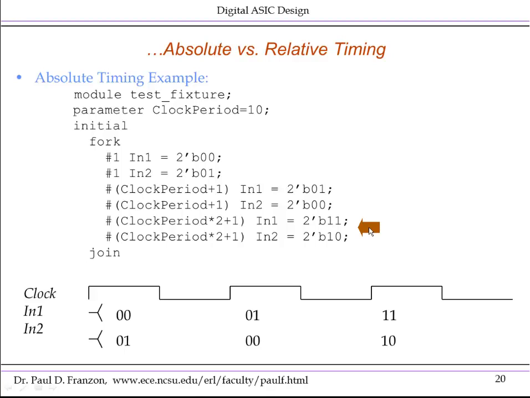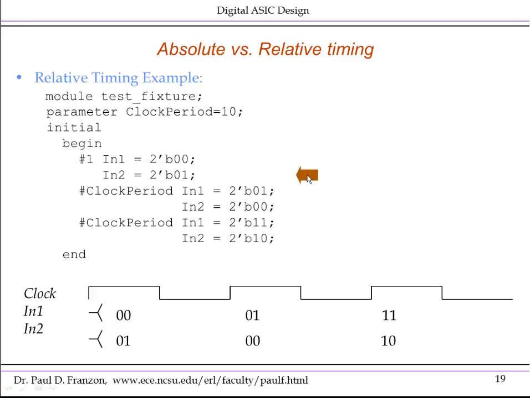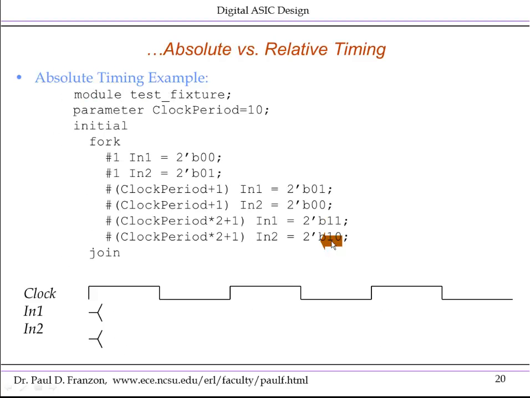The utility is if I have a very complex set of commands being applied to a design and I want to say, at clock cycle exactly 1,121,236, apply this particular input. In begin end, with relative timing, I have to keep track of my total accumulated simulation time to know when I get to clock cycle 1,200,000, whatever that number was.